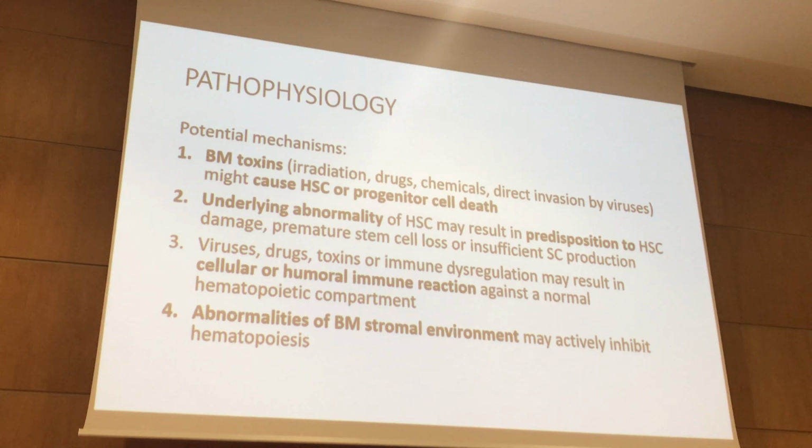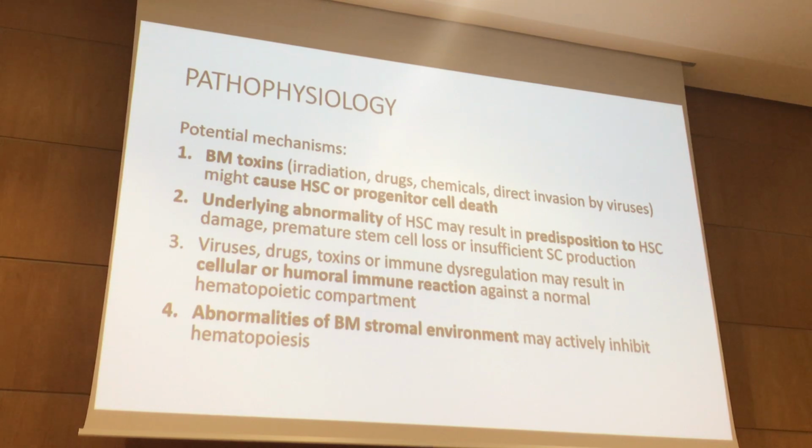As for the pathophysiology of acquired aplastic anemia, we have 4 basic mechanisms. One of them, the first one, is bone marrow toxins. So there are normal hematopoietic stem cells. They are exposed to toxins such as chemotherapeutic agents, or viruses, or irradiation.